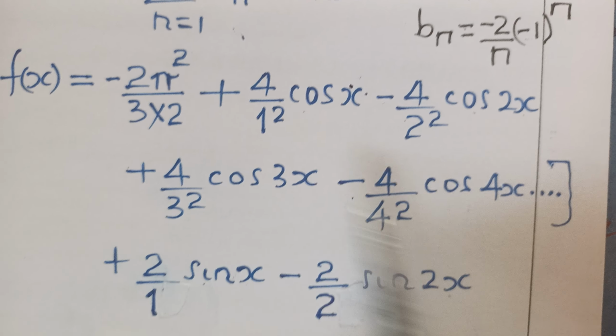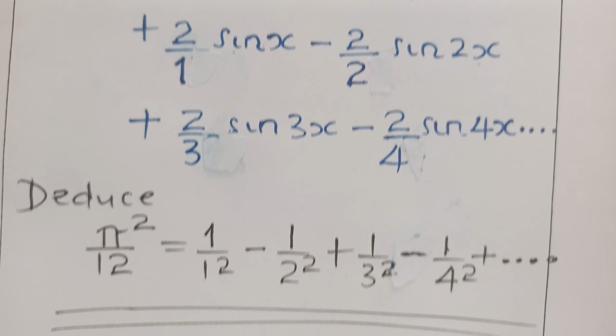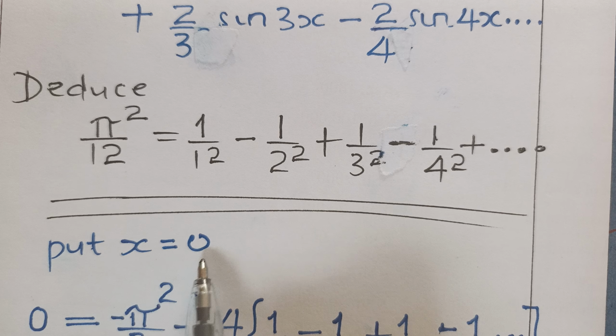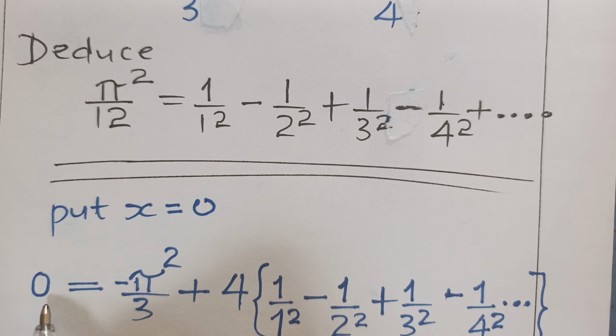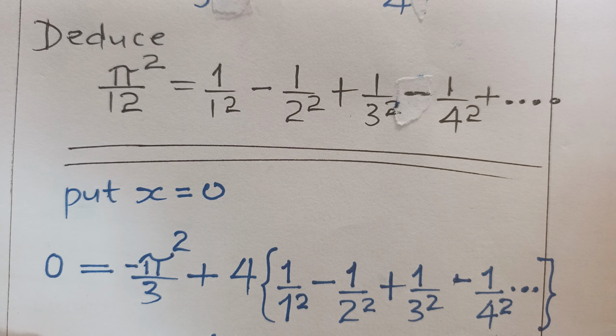So guys, this is our series. Of course, it's continuous. And then we are deducing this. For us to deduce this, we say x is equal to 0. And so looking at our graph, at x equals 0, the f(x) is also 0.